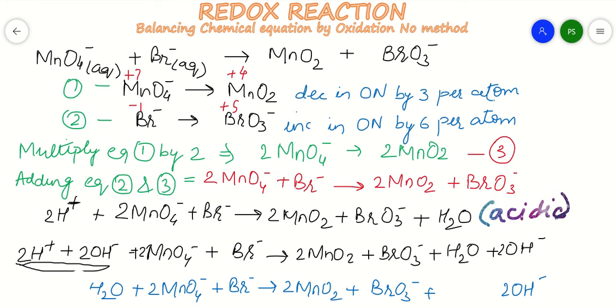I will also write the 2 OH ions on the right side, and because I am now seeing the hydroxyl ions in the equation, the equation is balanced in basic medium. So this is how we balance equations in acidic or in basic medium with the help of the oxidation number method.